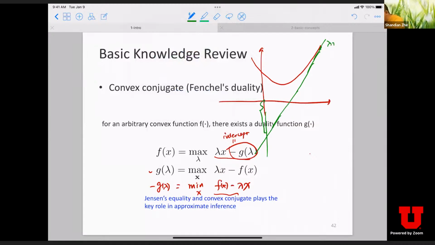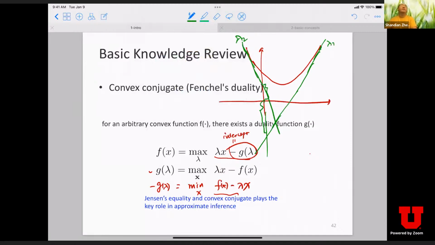And if you choose a different lambda, like lambda 2, you have a different intercept.